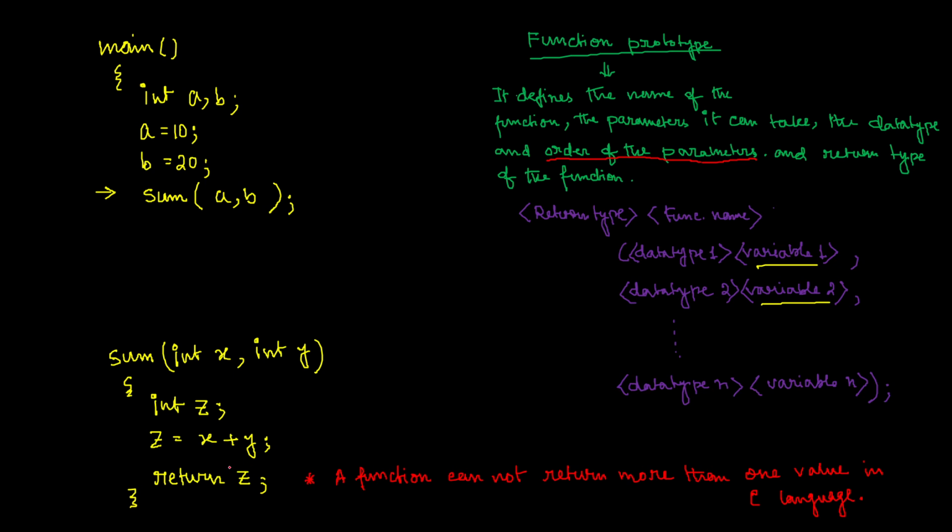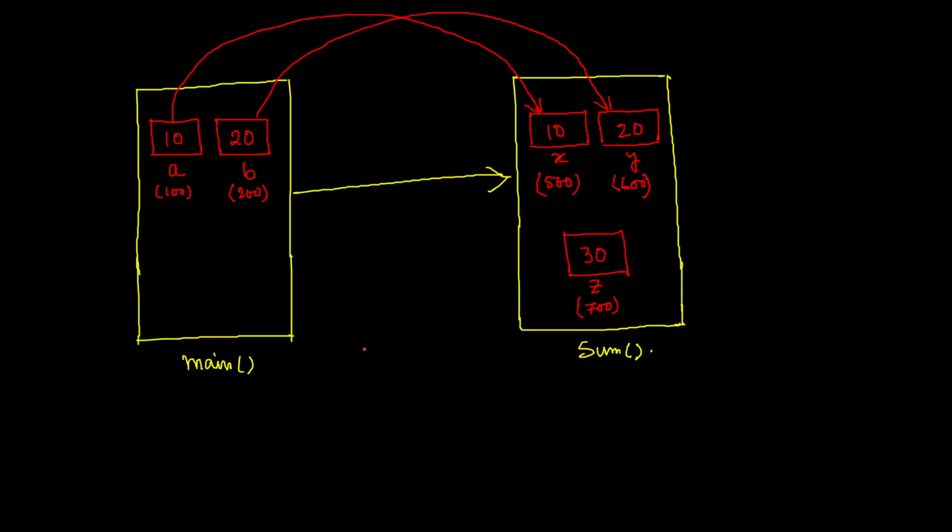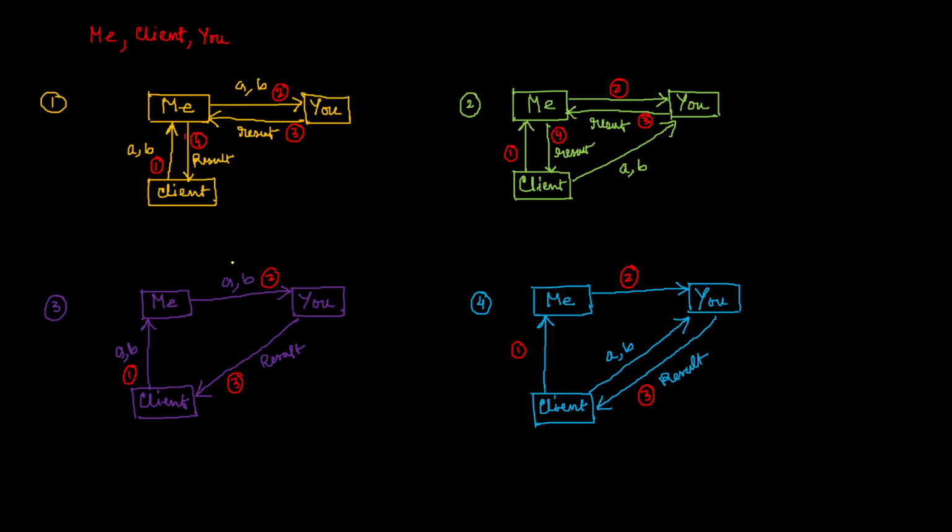So what will happen? The control will return from the sum function to the main function here. But at the same time, as at the time of calling this 10 and 20 gets copied, this 30 should get copied somewhere in the main function also, because with respect to the first case, I want to show the result to the client.